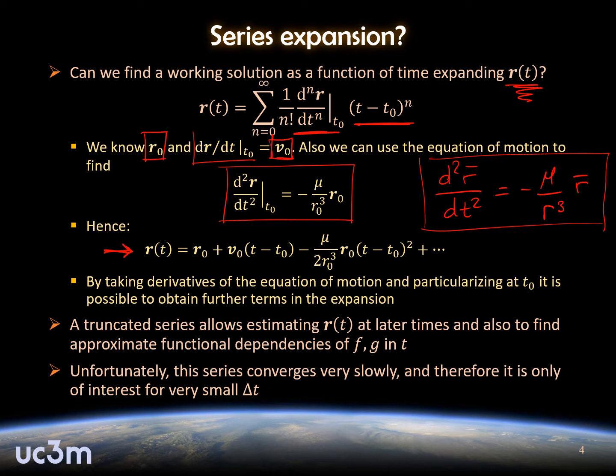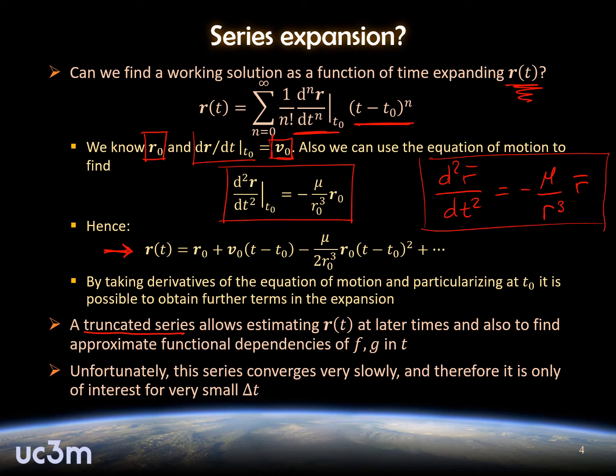While this would be an approach to obtain the position as a function of time, which would yield an analytic result, although with an infinite number of terms, we can think of truncating this series, right? For example, we can keep, I don't know, 4 terms, 5 terms, and use the resulting expression to estimate the position vector. So actually this works, but unfortunately it does not work very well.